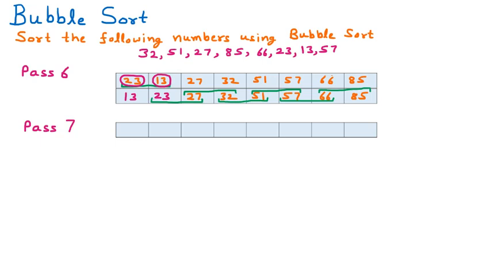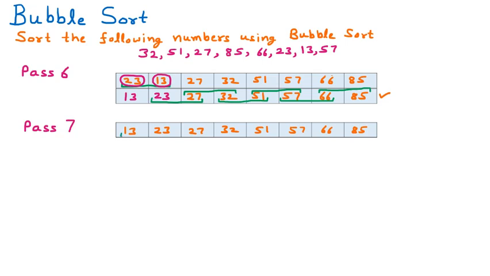Now we are discussing pass 7. In pass 7 we are taking the last row of pass 6, which is 13, 23, 27, 32, 51, 57, 66 and 85. Here again we are going to compare the elements.